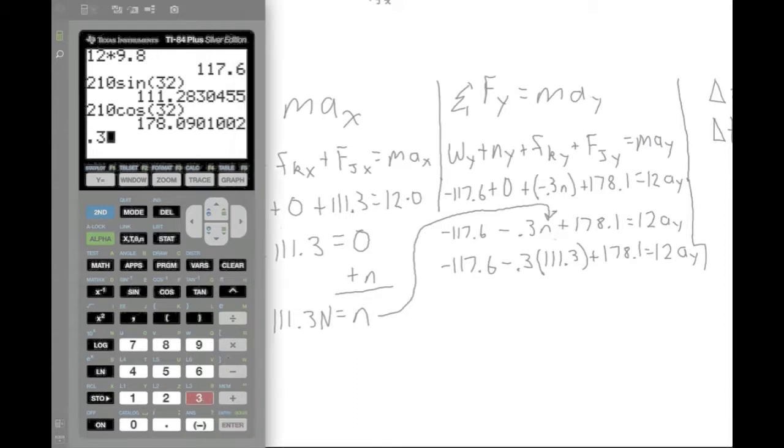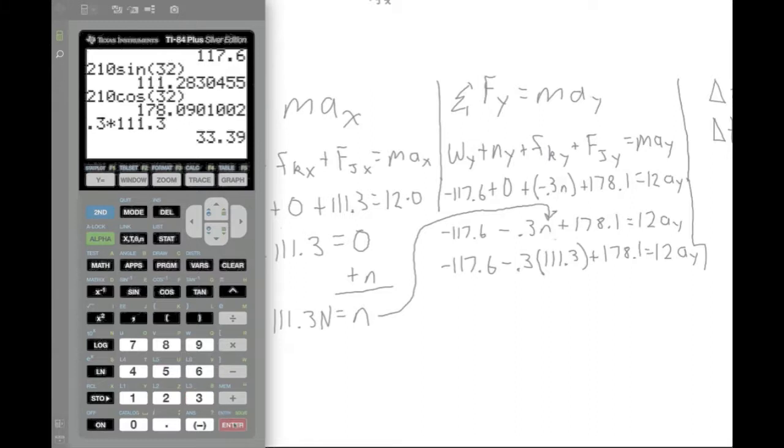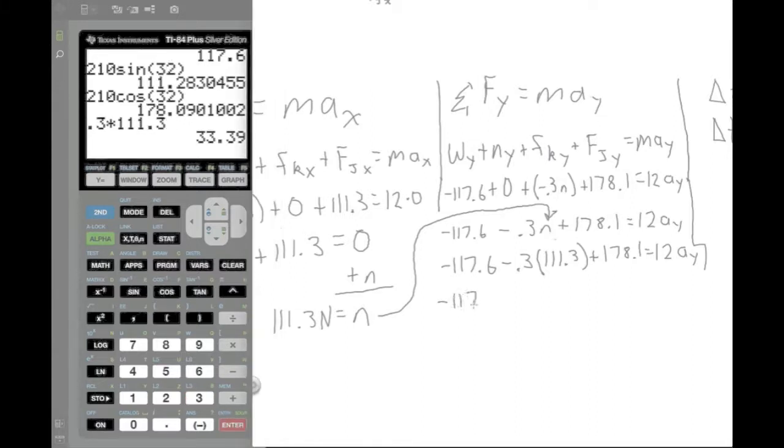So we have 0.3 times 111.3. There's plus and minus signs here, so be extra careful to get all the plus and minus signs copied correctly in each line.